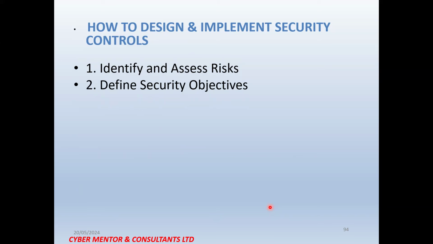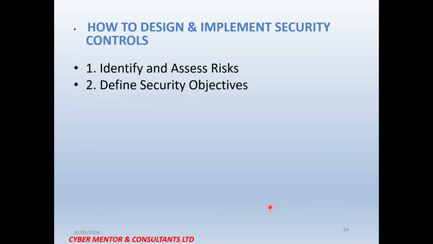What objective does the control want to meet? For example, the objective for that particular control could be that we want this control to ensure the confidentiality of our data, that no unauthorized person can gain access to our data.